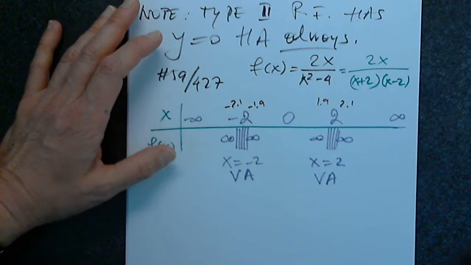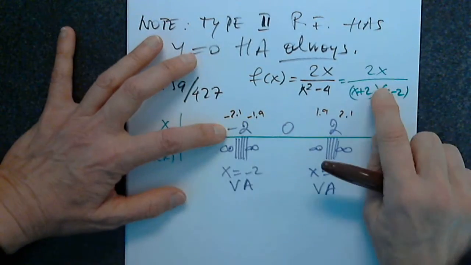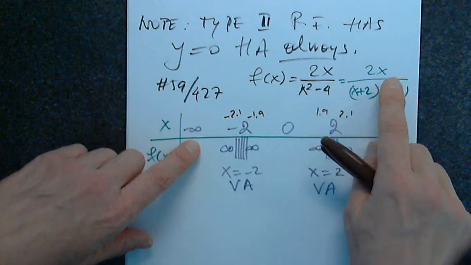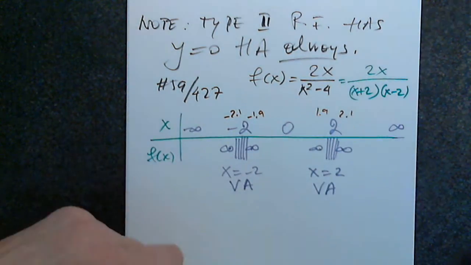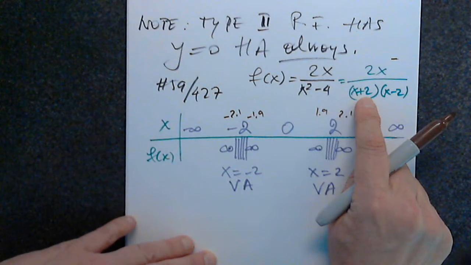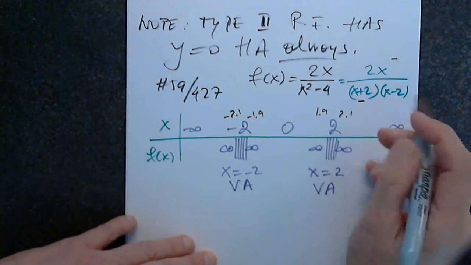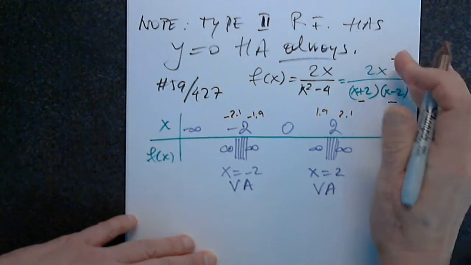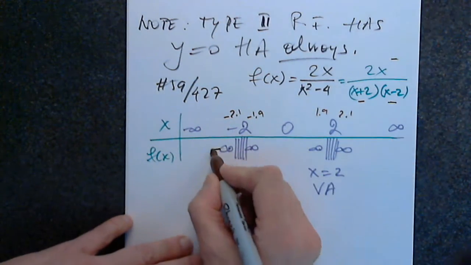Okay, so let's plug it in. Do not calculate anything. Just give me the sign. Negative 2.1 times 2, just the sign. Excellent. Negative 2.1 plus 2. Negative. Negative 2.1 minus 2. Negative. Excellent. Three negatives. Negative. Excellent.